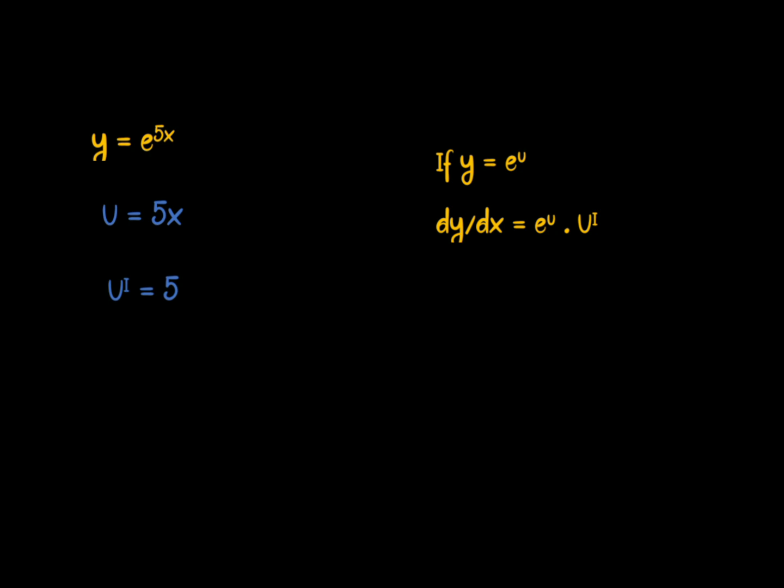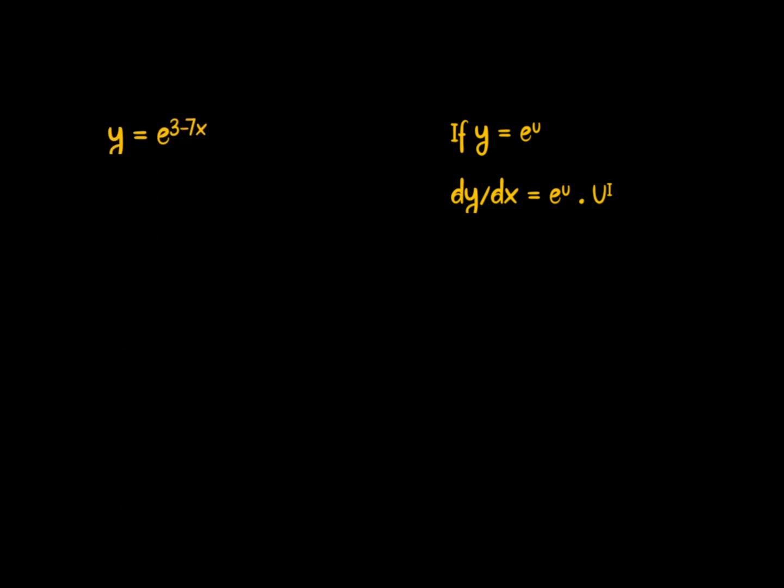So we bring that technique to solving this question, and what we have is dy/dx equal to e to the power of 5x, which is your exponential function from the question, multiplied by the differential value of u, which is 5. And of course, if you multiply this together, we have 5e raised to the power of 5x. Let's take a look at another example.